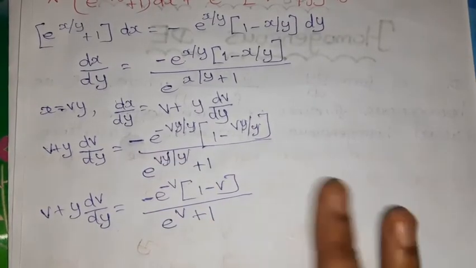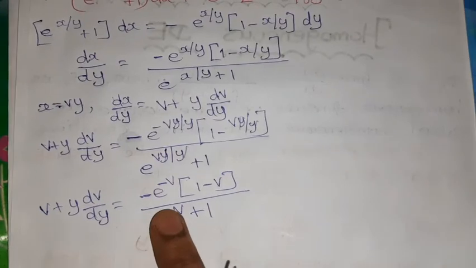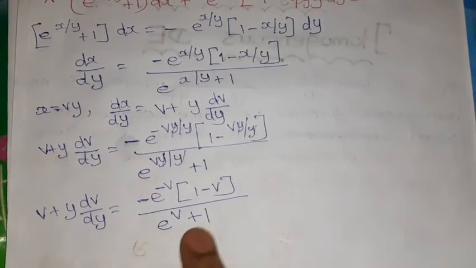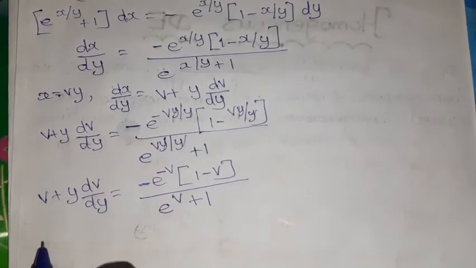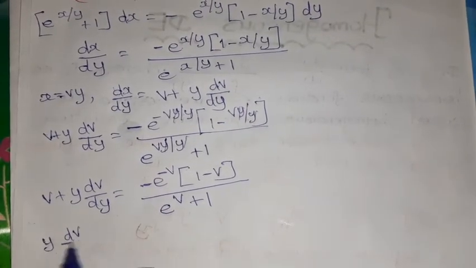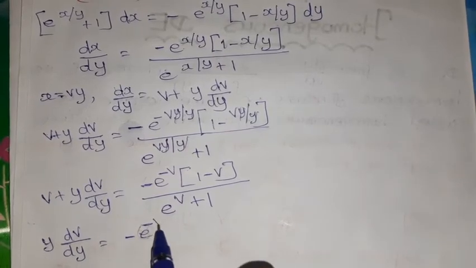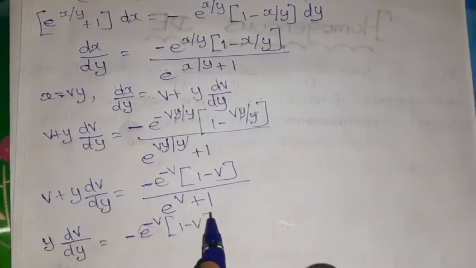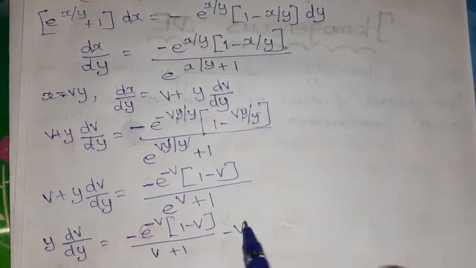All these y get cancelled in all the places. Then what will we get? Then we go to that side, y dv by dy equals minus e power minus v into 1 minus v divided by e power v plus 1 minus v.